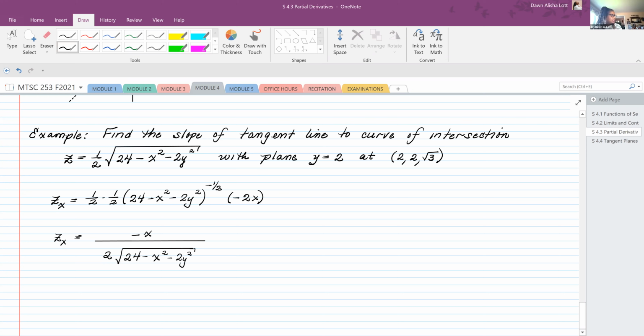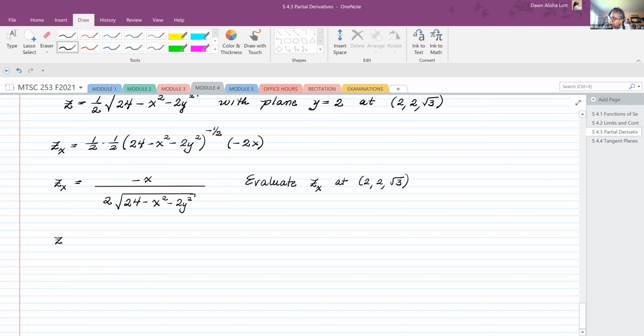Then I just evaluate that at the point 2, 2, square root of 3. So z sub x turns out to be minus 1 over 2 root 3.